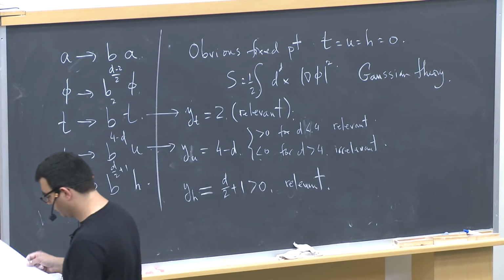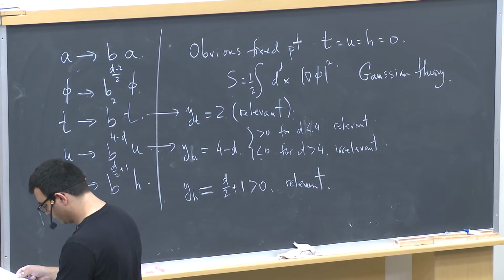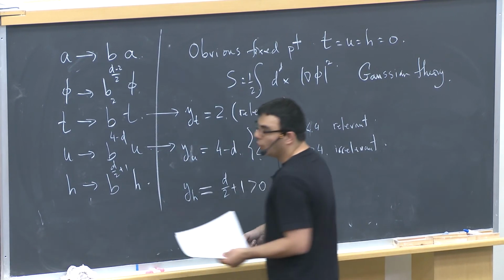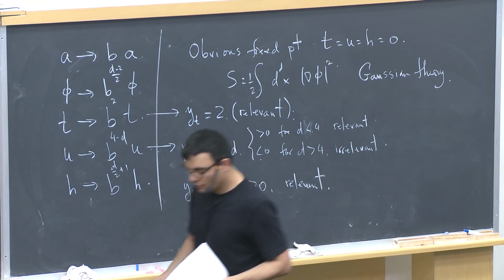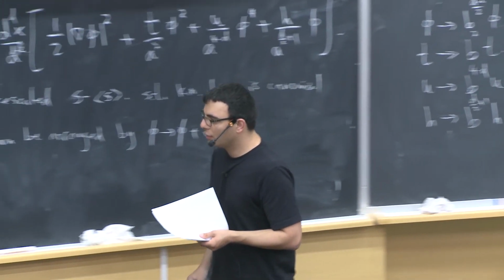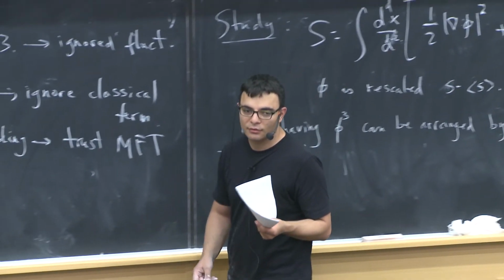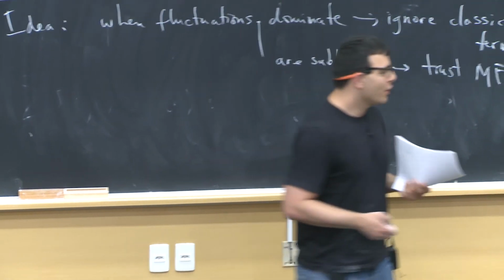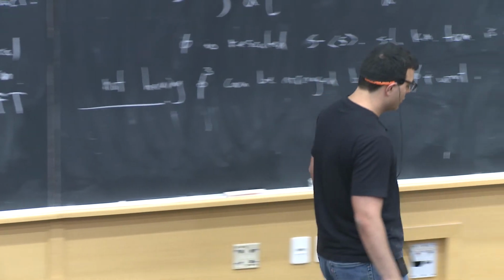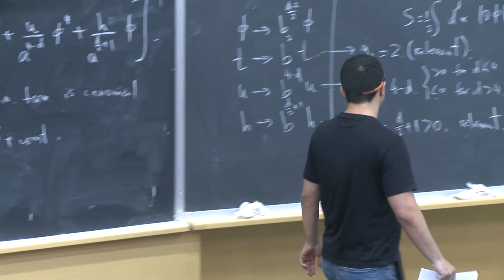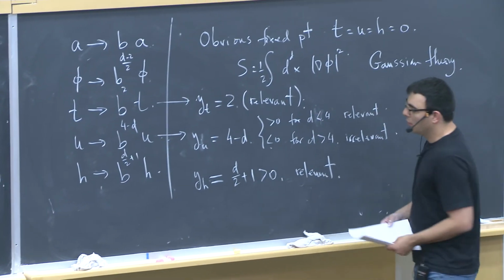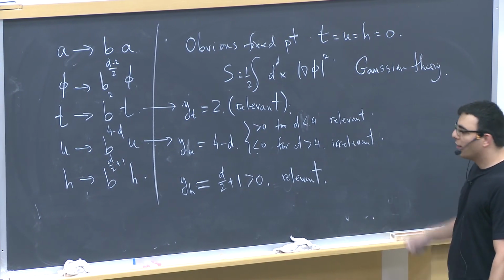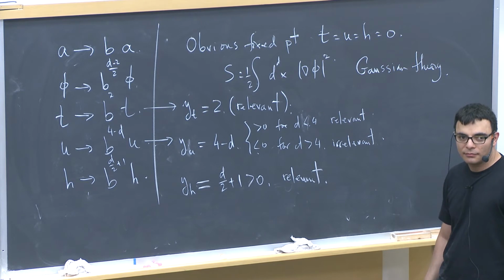Okay? When I introduced these uniaxial magnets, I said that in order to reach the critical point, we have to tune two things, not more than two things, right? So this is clearly not a good theory of these magnets if we have more than two relevant operators.